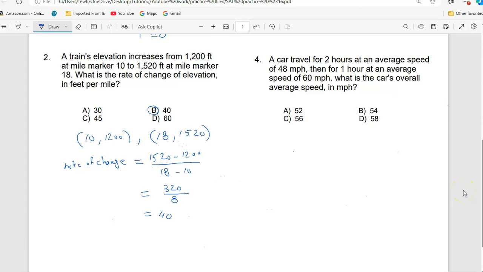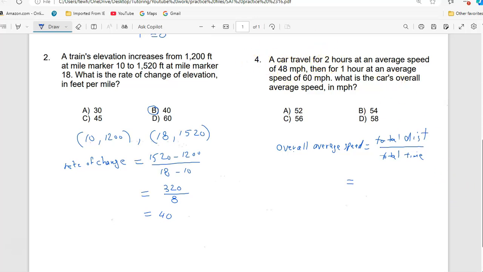So the overall average speed comes from the total distance divided by the total time. And the total distance is the distance from the first part, which is 2 hours. How can I get the distance for the 2 hours? You multiply the speed by the time.